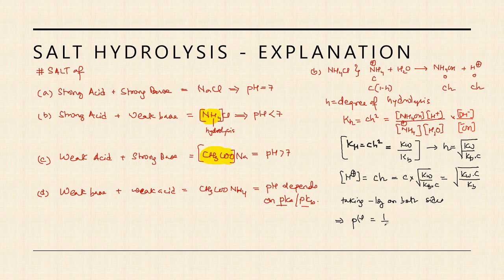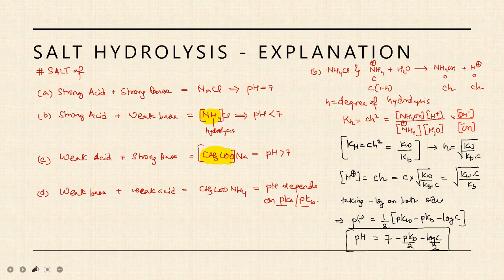I'll get 1 by 2 pKw minus pKb minus log C. इसको फाइनली सिंप्लीफाई करके आप ये लिख सकते हो 7 माइनस pKb अपॉन 2 minus log C upon 2, and this gives your final expression for pH of the solution.